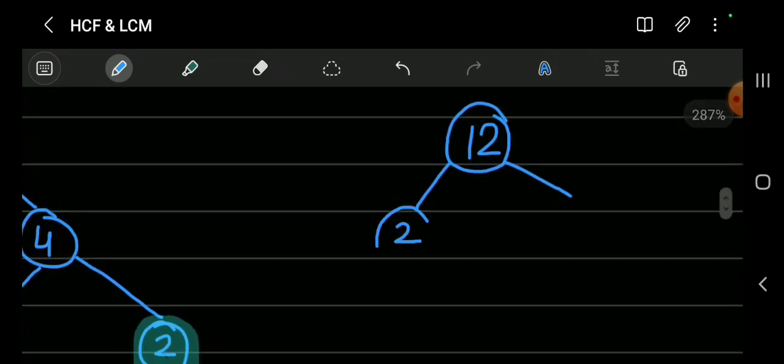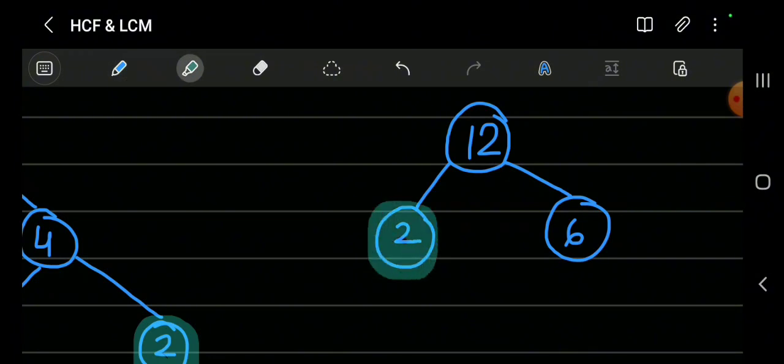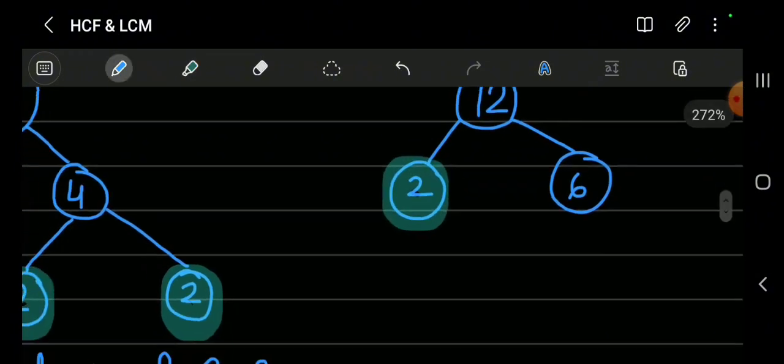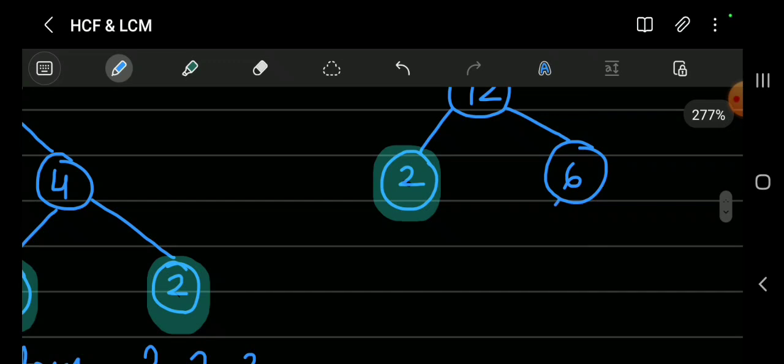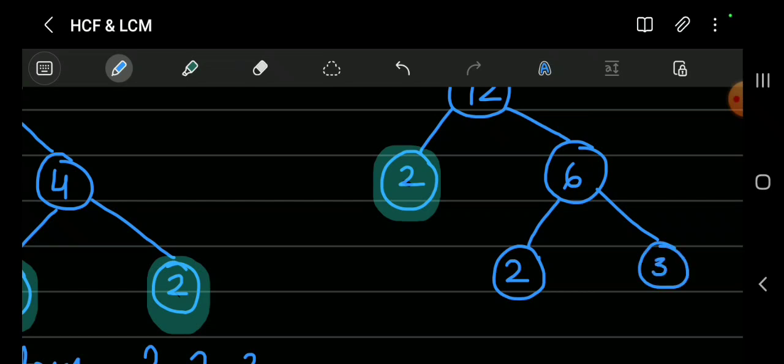So I'm doing it with a pair of factors 2 and 6. So this is your prime number. Here the factorization ends in this branch of the tree. Here it will continue because 6 is not a prime number. So 2 times 3 is 6. Now 2 is also a prime number and 3 is also a prime number.